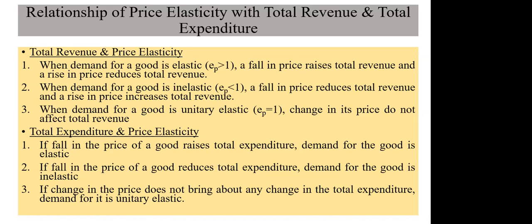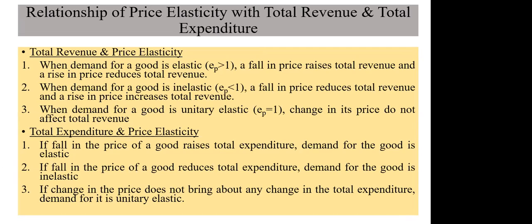And lastly, when the demand for a good is unit elastic. Suppose again the same example, 100 rupees 1 kilo, total revenue, total expenditure rupees 100. Now there is a 20% decrease from 100 to 80, and there is a 20% increase from 1 kilo to 1.2 kilo.